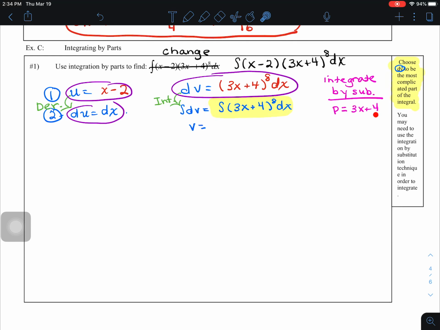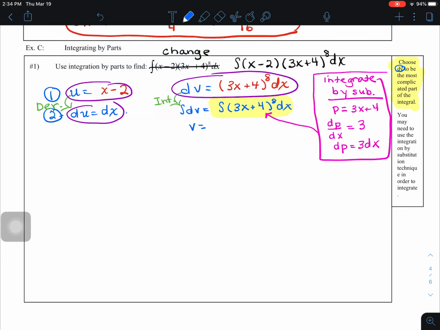That's going to be what p equals. Then we take the derivative of p, that would be dp over dx. The derivative of 3x would be 3, and that means dp would be 3dx. This is what I'm using to help me integrate that.